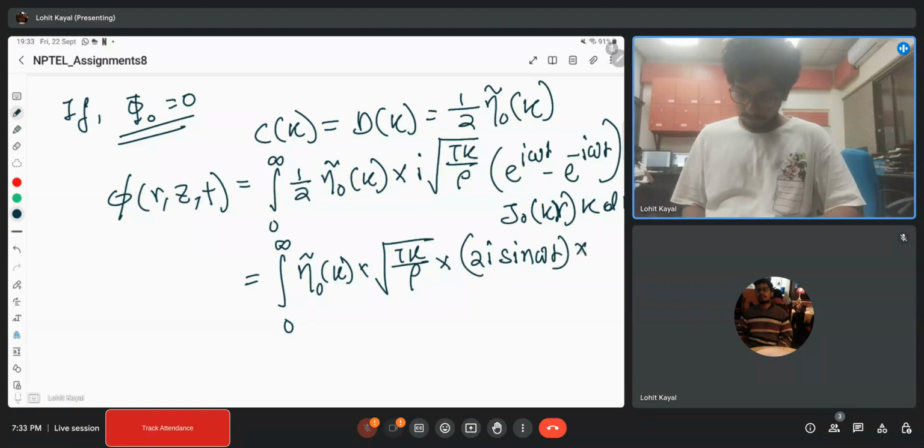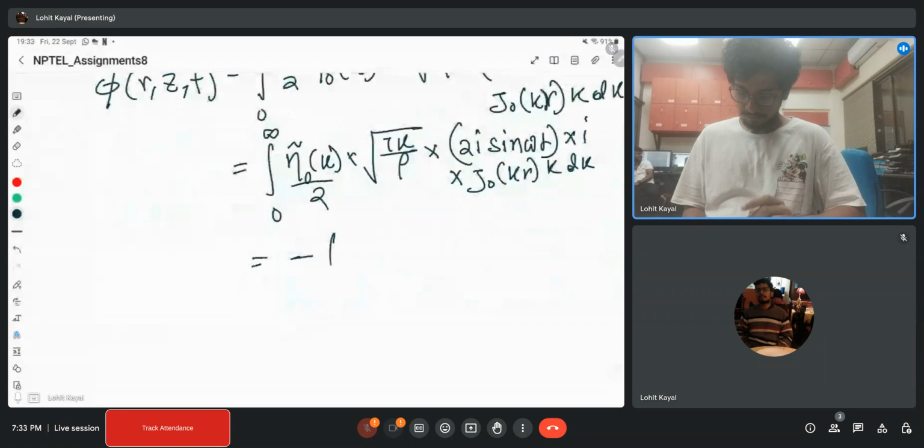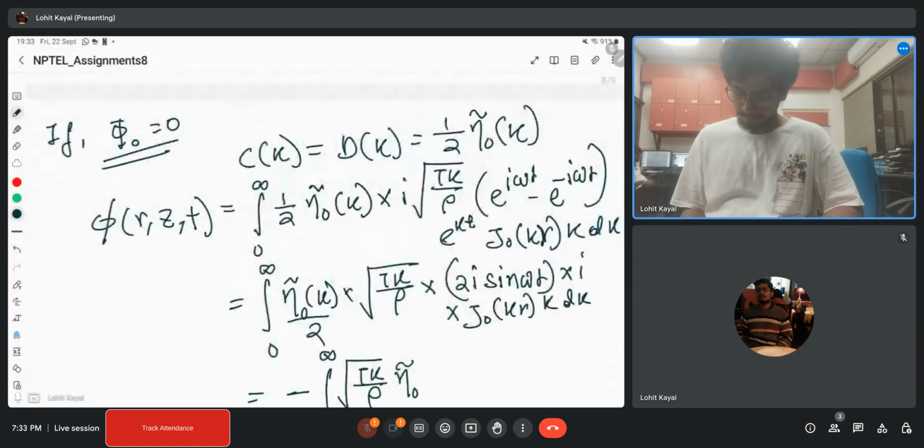And there is one term divided by 2. So finally you will have minus the integral from 0 to infinity of square root of Tk by rho eta 0 tilde. Oh, sorry, there is one e to the power kz term that I missed.